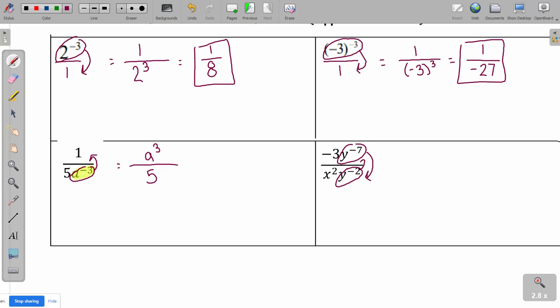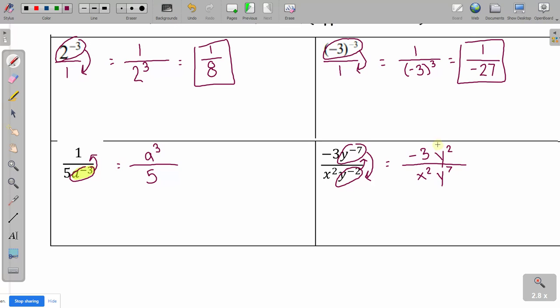We're going to move it up. Everything else stays put. So negative 3 stays put. x squared stays put. y to the negative 7, we move it down, and it becomes positive 7. y to the negative 2nd, we move it up, becomes y to the positive 2nd.